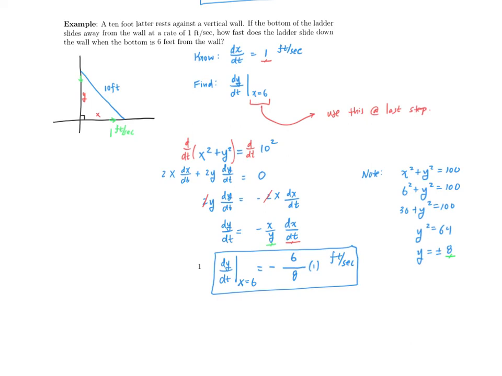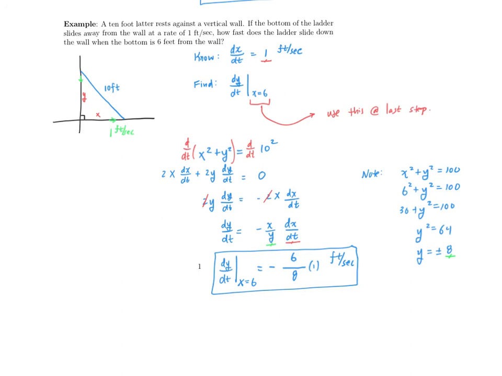Why does it make sense in this problem that the rate of change of y is negative? And the quick answer is, well, y represents a quantity which is shrinking or decreasing. So as the ladder slides down the wall, y is getting smaller. So the rate of change of a quantity which is decreasing should always be negative. That's a very important thing to keep in mind.